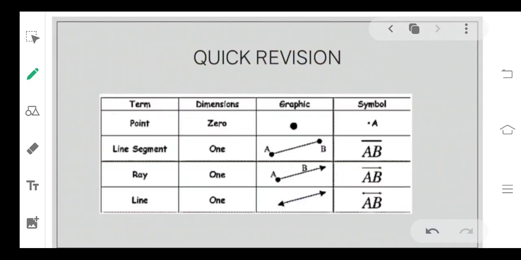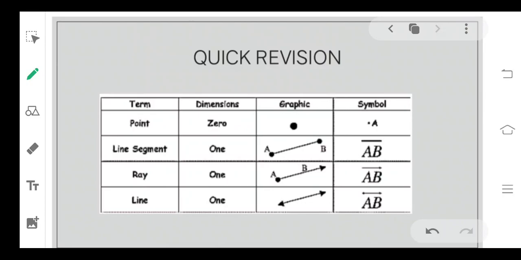Now we are going to take a quick revision of all the things we have already learned. Point has dimension 0. Graphically it is a dot and the symbol is point A. Line segment has only one dimension, and you can see the graphic and symbol here. Ray is also one dimension.